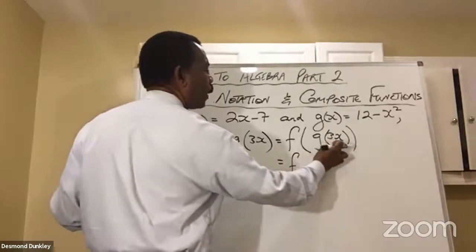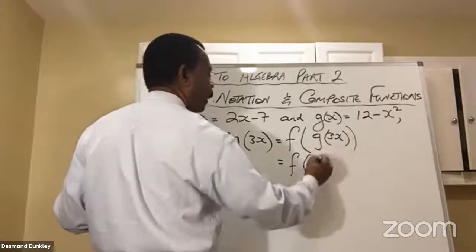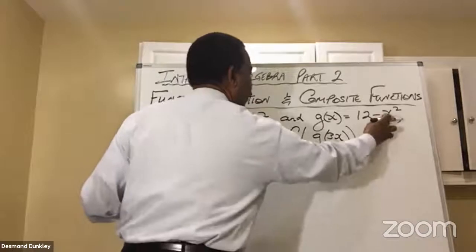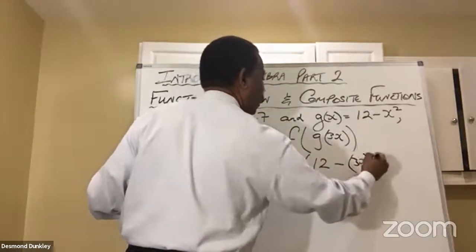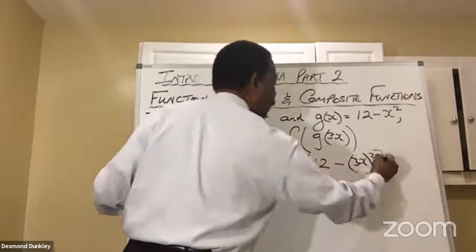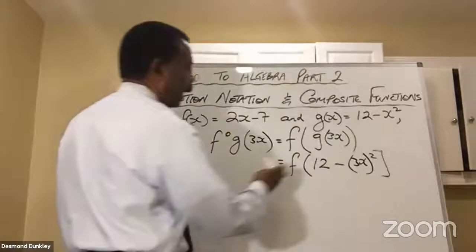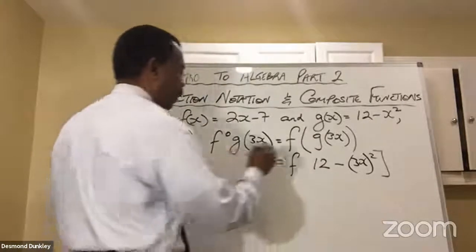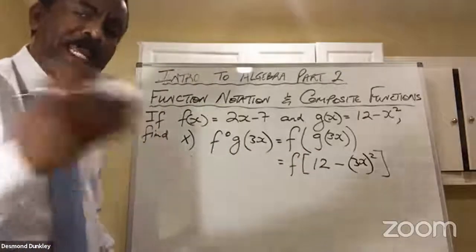I just need to work out what g of 3x is. G of 3x is going to be 12 minus whatever is in the parentheses squared. So it's g of 3x squared. So since I'm using parentheses inside of parentheses, I like to change, so you have two different levels. We call that the hierarchy.